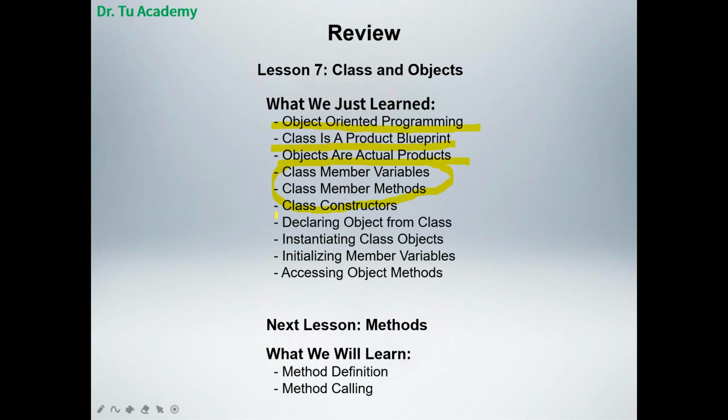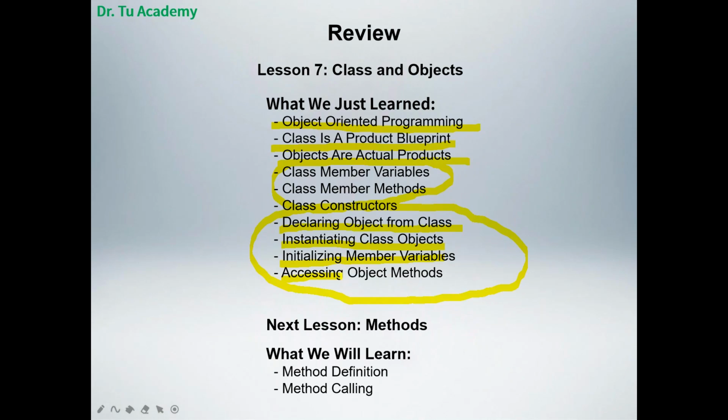Here are the steps to use class and objects. We first declare an object from a class. Then we instantiate class objects. Then we initialize its member variables.